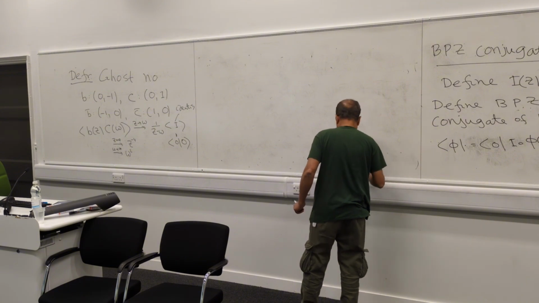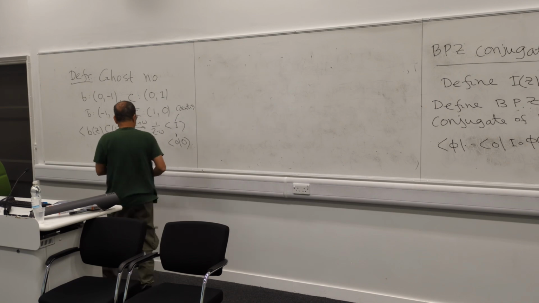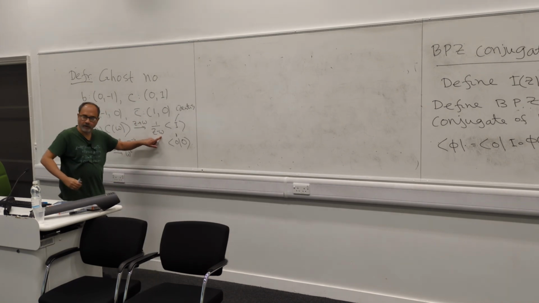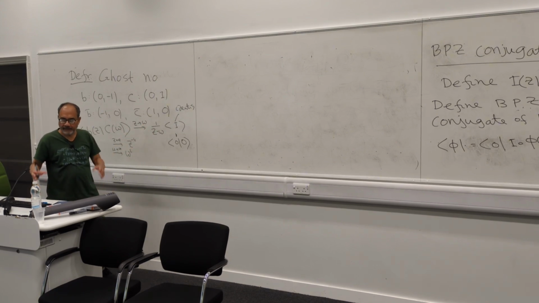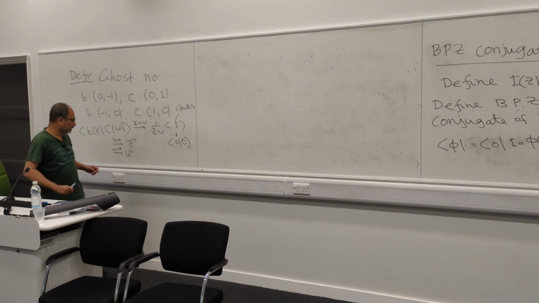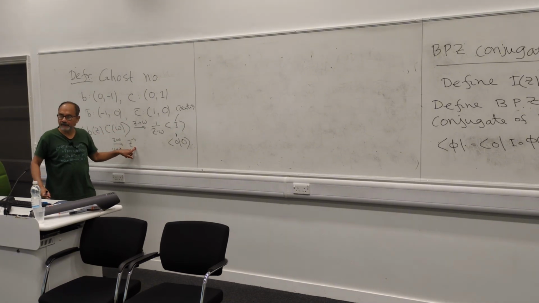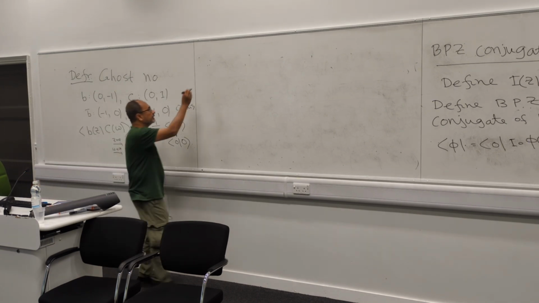One simple proof of this is that you can take a contour integral around W. Because of this pole, you will get a non-zero answer if you integrate Z around W. But now that contour can be deformed all the way to infinity, and at infinity, because it falls off as 1 over Z to the 4, the integral should vanish. So it's not possible to find such a function.